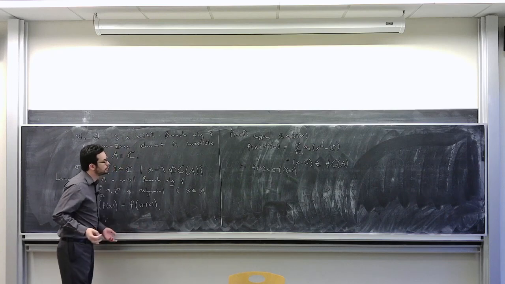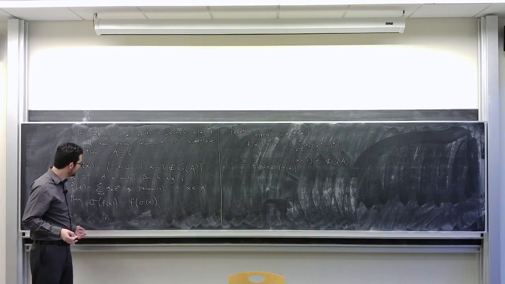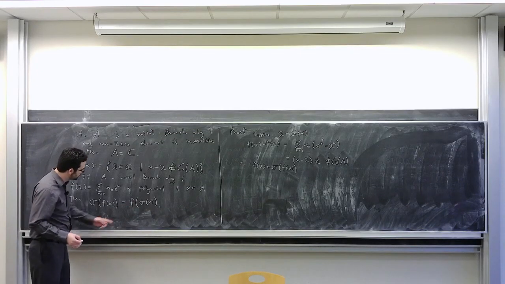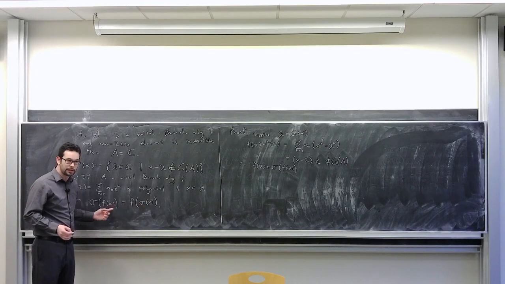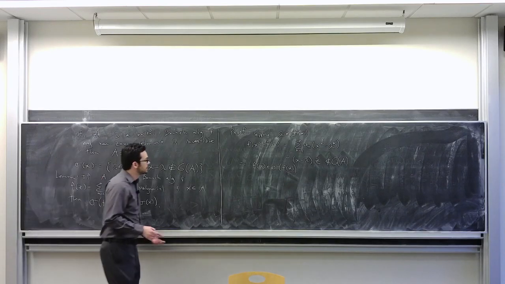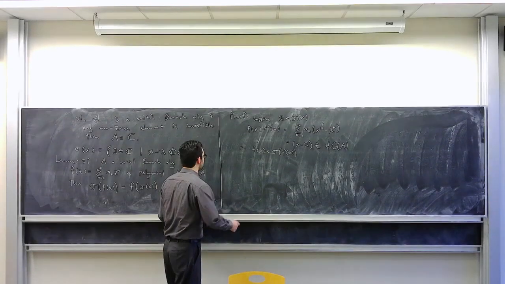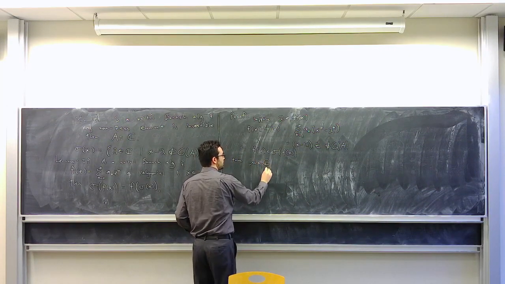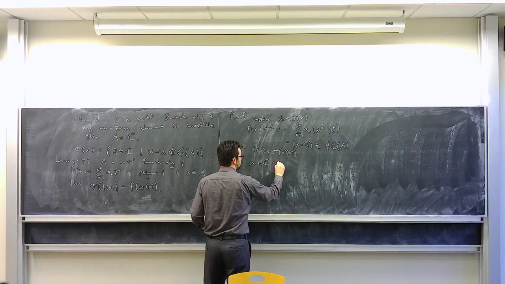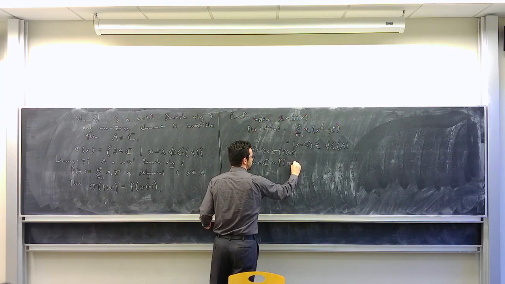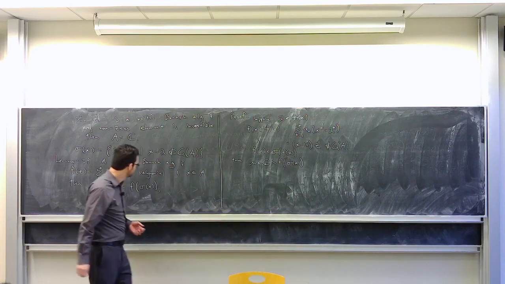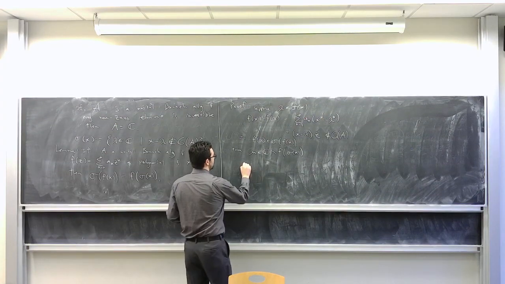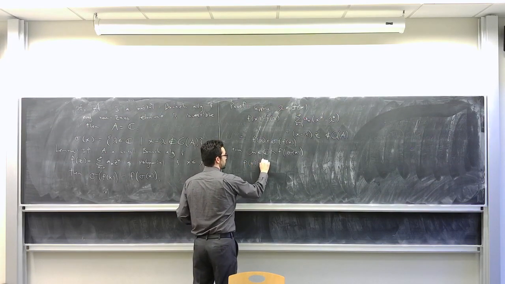So that shows one direction, that this is contained in this. Now we need to show the other direction. We'll do this by showing that anything not in this is not contained in this. So let's take some complex number mu which is not in the image of the spectrum of x under f. All right, so then what can we do? Well, now let's look at f of z minus mu.